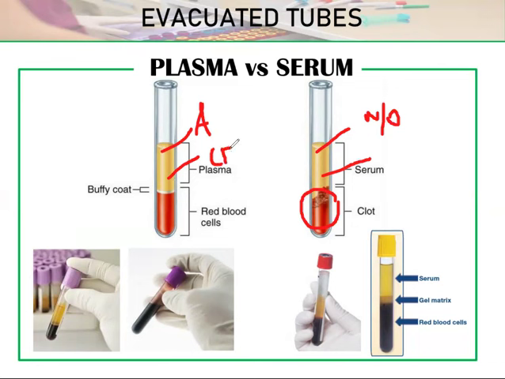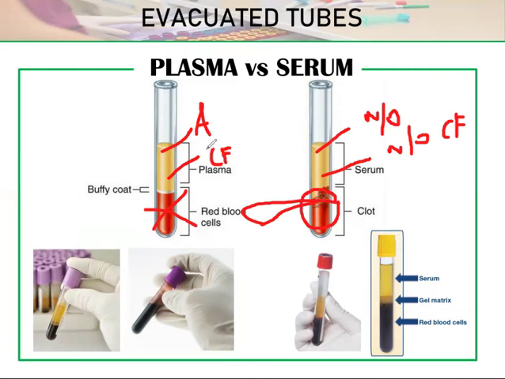Ma'am, why does plasma have clotting factors? It's because it did not undergo clotting, therefore the clotting factors were not used. The clotting factors are still in the liquid portion of the blood, floating around. As for our serum, there are no clotting factors present inside, because the clotting factors have been consumed on our red cells during clotting.